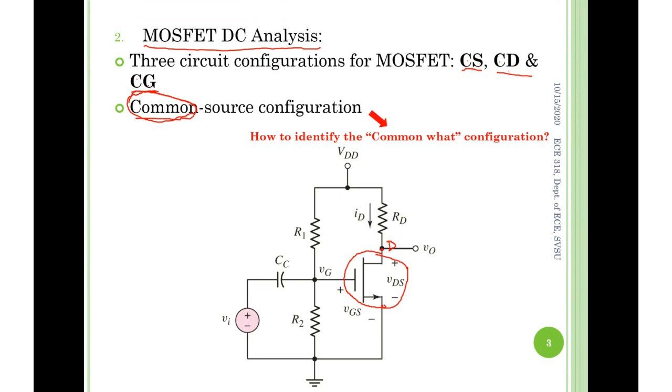This terminal is the source. This terminal is the gate. No problem. And we see that your input definitely reaches one of them, right? The input goes to either G or D or S. And how about the output? The output is out of one of them as well.